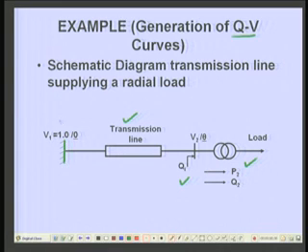The voltage of this source is assumed to remain constant, equal to 1 per unit, and its phase angle is 0 degrees. The transmission line considered is a long transmission line, and this example is discussed in the book on power system stability and control by Kundur in chapter 14. We will discuss the salient points of this example.